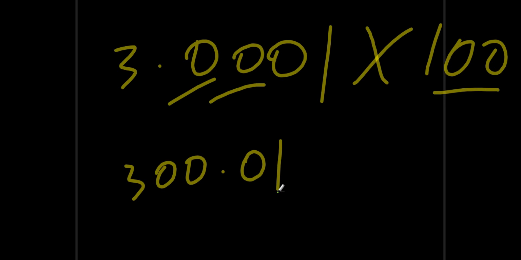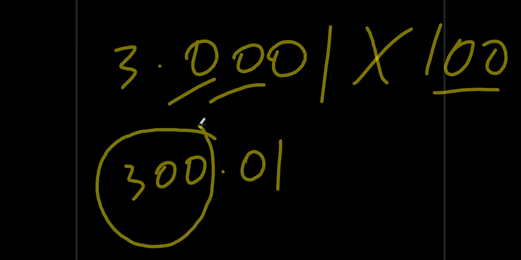As you can see, the 3.0001 is increasing by the power of 10 times 10, which is 100. And so we must have the place value of 100, which will be 3 digits, because 3 digits in the whole number represents 100.